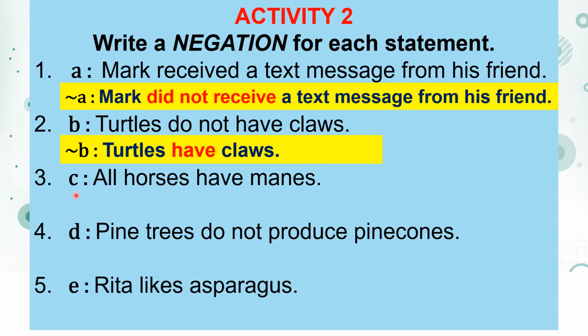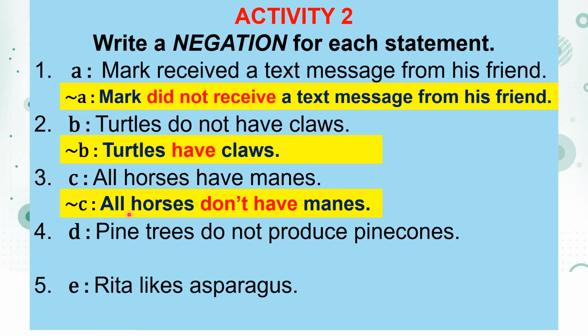C is the proposition. All horses have manes. The opposite of the word have is do not have or don't have. So the negation of proposition C is all horses don't have manes.